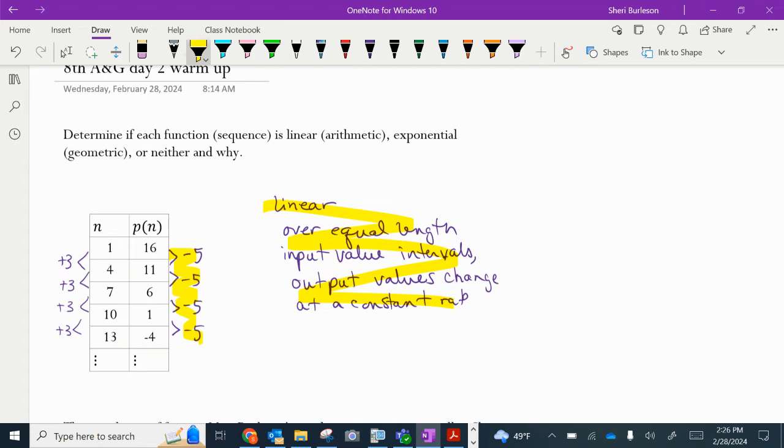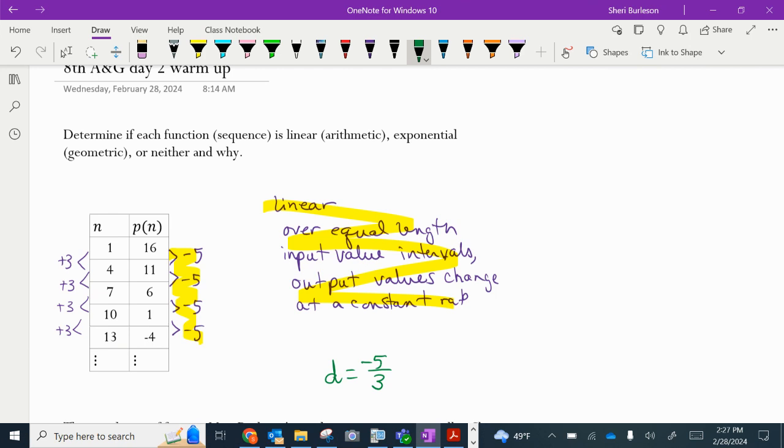Did anybody actually state the common difference? What is the common difference? Negative 5 over 3, because if we have a linear function, if we have an arithmetic sequence, we have a slope, correct? That common difference is the slope. Change in y over change in x.